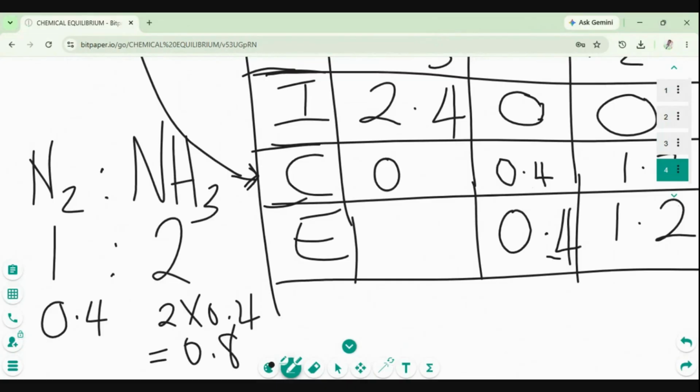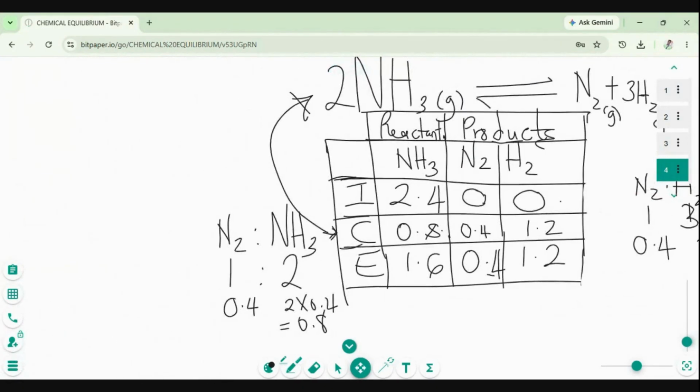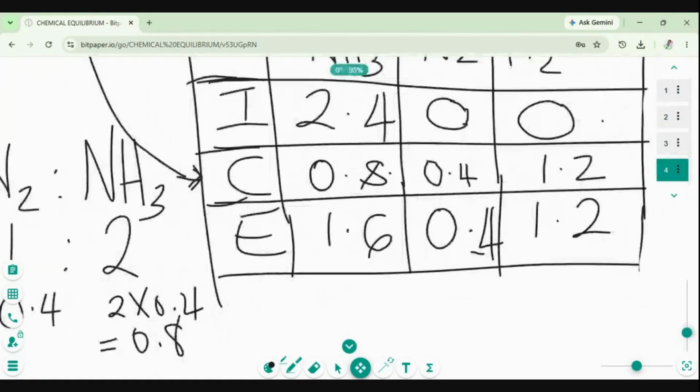So this is 0.8. On the side of reactants, you subtract. So 2.4 minus 0.8 gives you your 1.6. So if you are keen enough, you will notice, members, that our ice table is done.